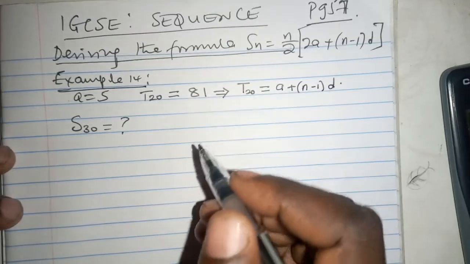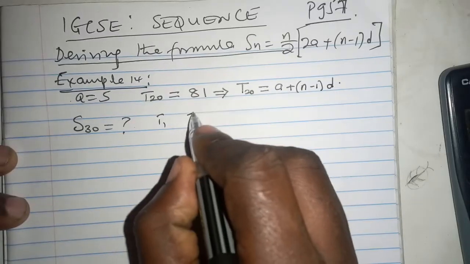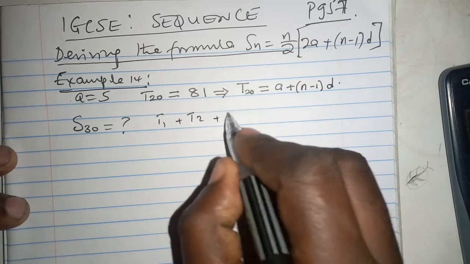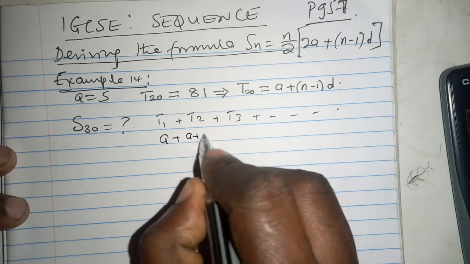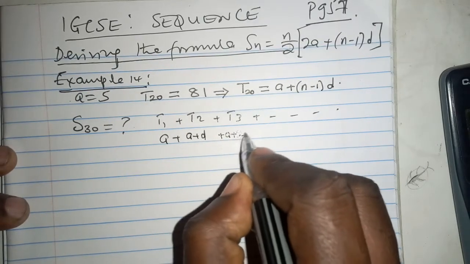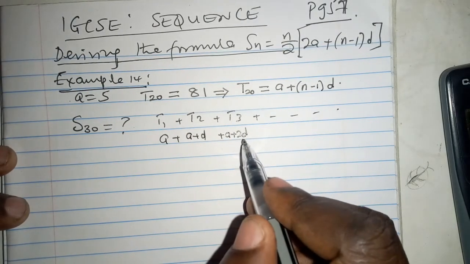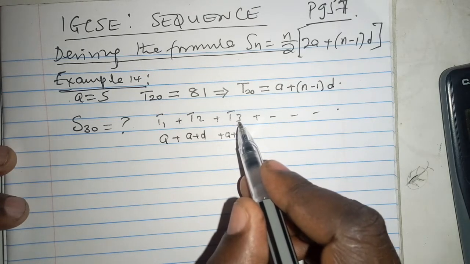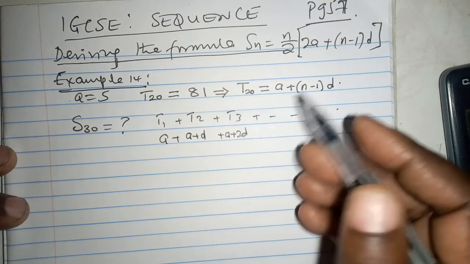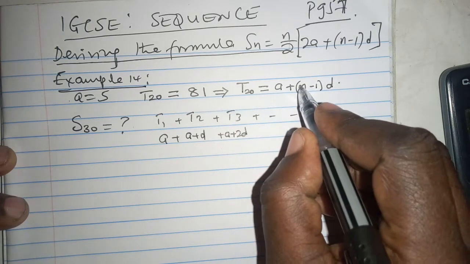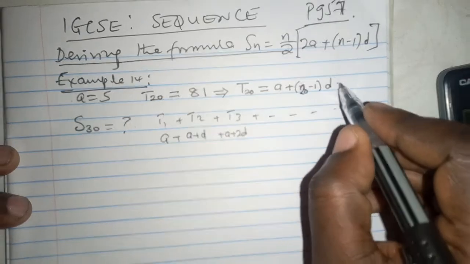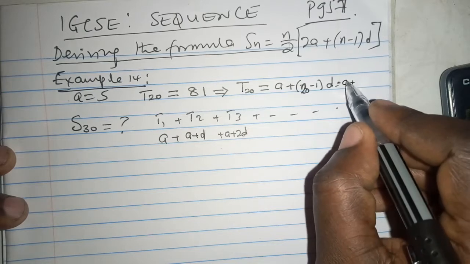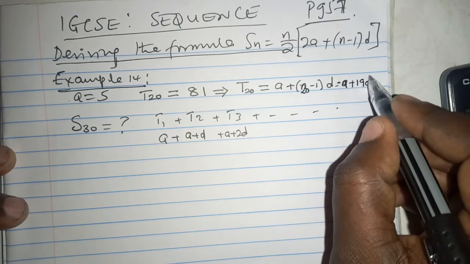Remember we said term 1, term 2, term 3 go a, plus a plus d, plus a plus 2d. The number of d's is 1 less than the position of that term. So instead of n, we have 20 minus 1, which is 19: a plus 19d.